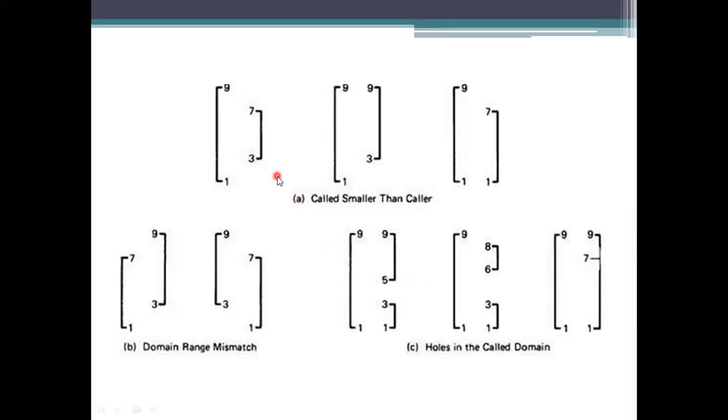It is taken as 3 to 7, and here 3 to 9, two values are excluded, and some values also mismatch. You are providing some values which are not present in that range. So we are providing values to be processed, and this type of range is considered a buggy range.